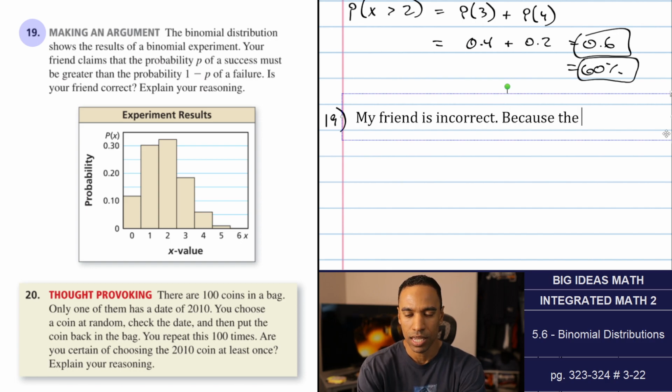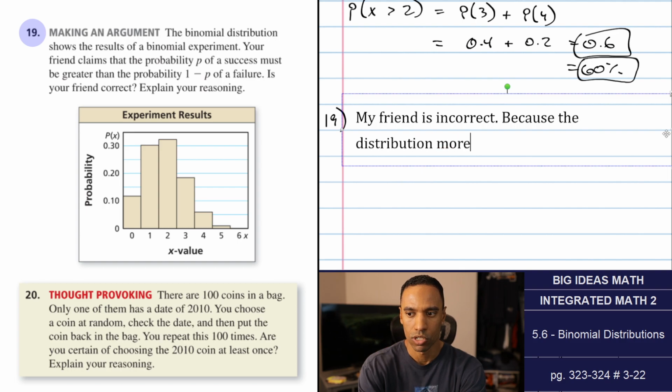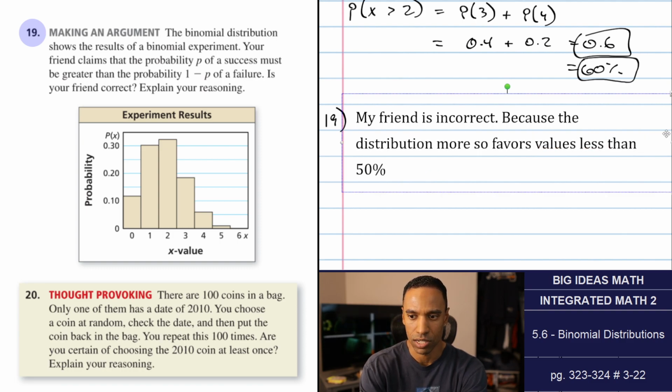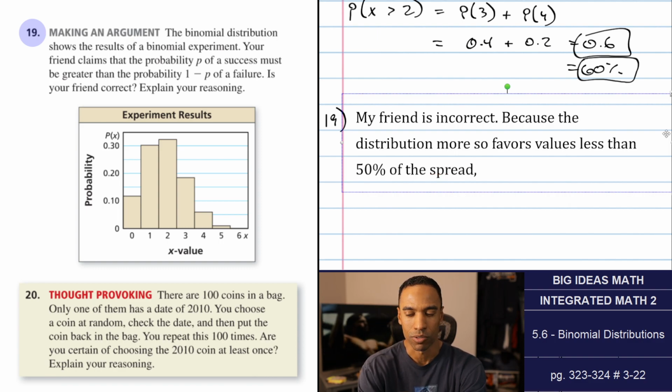Because the distribution more so favors values less than 50% of the distribution. No, of the spread. I don't really know what to say.